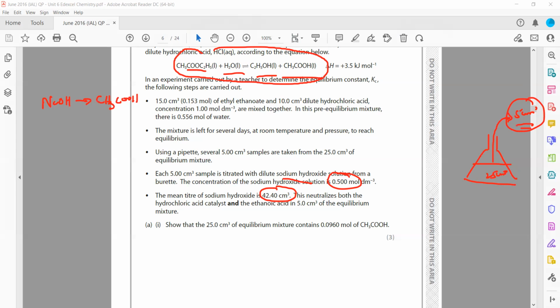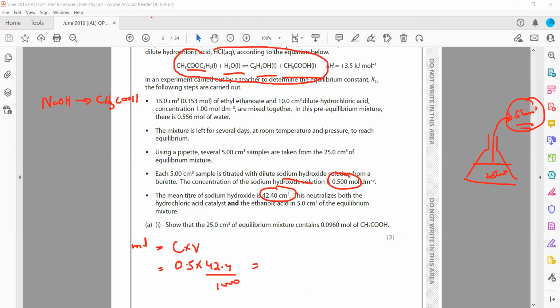Concentration times volume gives us the moles. So the concentration is 0.5 and the volume is 42.4 divided by 1000.